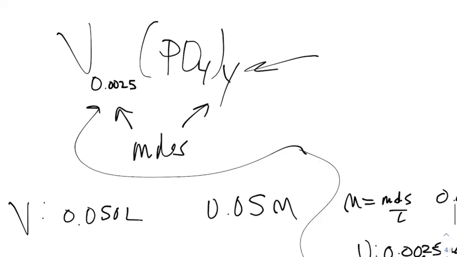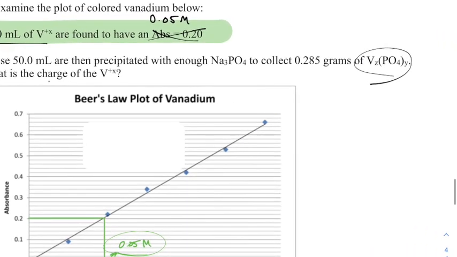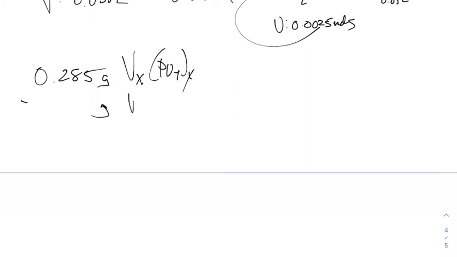All I need to know now is the moles of the phosphate, and I am good to go. Well, what did they tell you? They told you that you precipitated everything, and you precipitated it with enough phosphate to give you 0.285 grams of the vanadium phosphate here. So just like we saw before, if I have 0.285 of vanadium and phosphate, and I can subtract out the grams of the vanadium, that'll leave me with the grams of the phosphate.